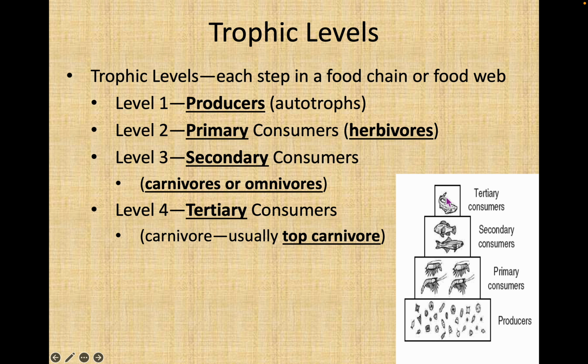Very rarely are they herbivores. But there might be a slight chance in some ecosystem somewhere where the top might be an herbivore, depending upon what's in the ecosystem. I'm not going to say it's not a possibility. Your primary consumers are always going to be your herbivores. Secondary can be carnivores or omnivores.